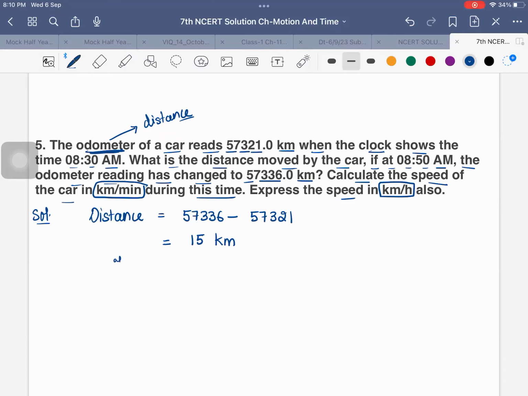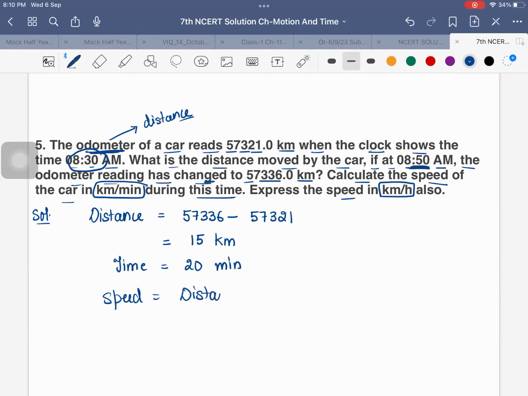Now the time interval is, it start at 8:30 and after 8:50 the reading get changed. So how much time it travel? It is 20 minutes.